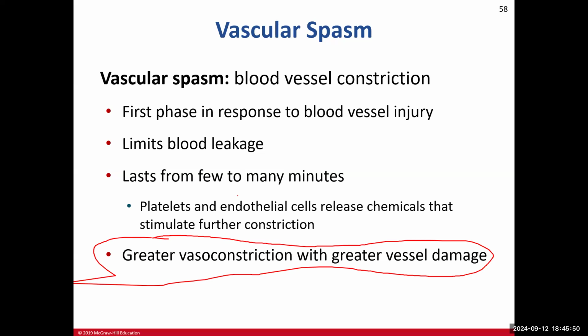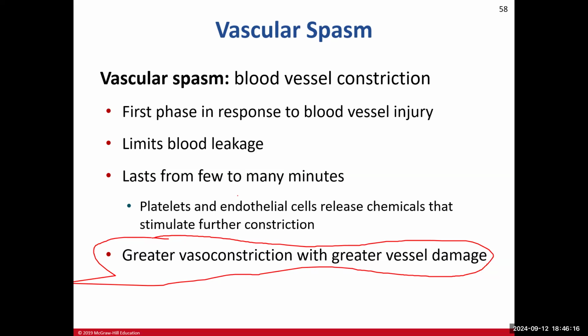So what we're going to see now is the platelets and these cells here. What are endothelial cells? You remember? Endothelium is epithelial tissue, and that epithelial tissue is simple squamous epithelium that lines the entirety of your blood vessels and your lymphatic vessels.